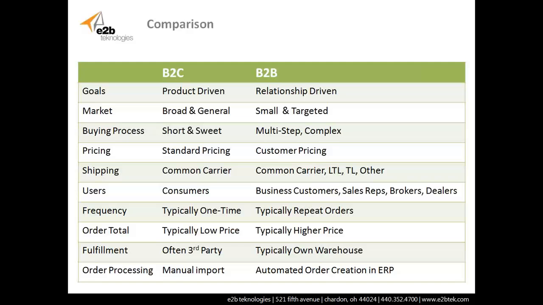Typically $100, maybe $200 at most. But in a B2B environment, a lot of our customers are selling more expensive products, like boat motors, capital equipment, very specialized products. Some of those shopping carts can get up into the tens of thousands of dollars. So your total per order is going to be significantly higher.